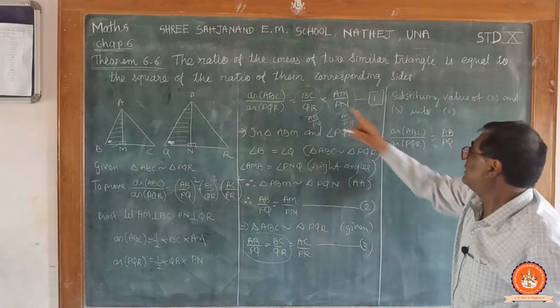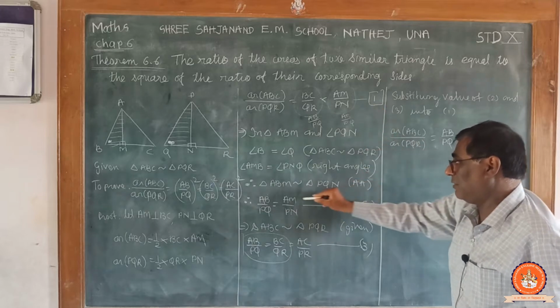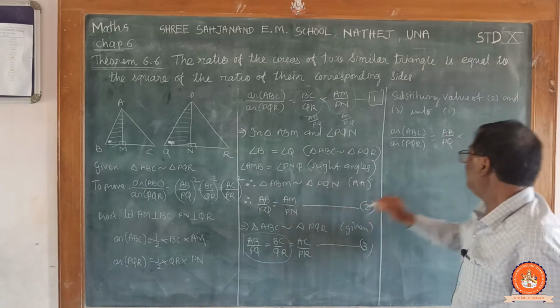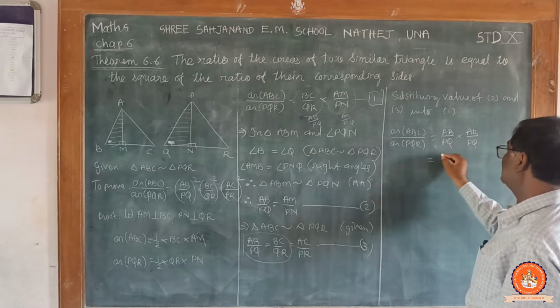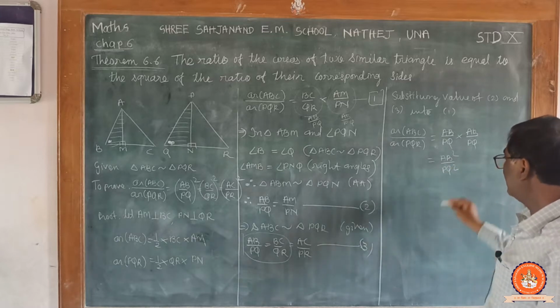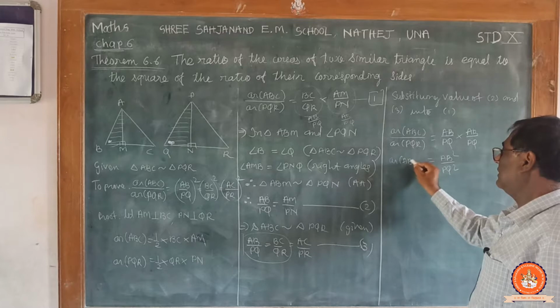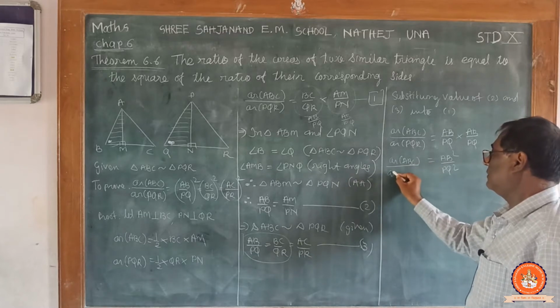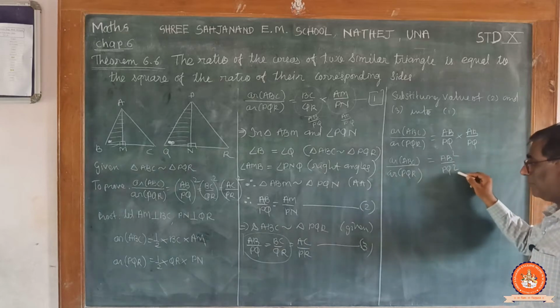Okay, and in place of AM upon PN, look at it, AM upon PN, I can write AB upon PQ. So it's AB square upon PQ square. Okay, so area of ABC upon area of PQR is equal to AB square upon PQ square.